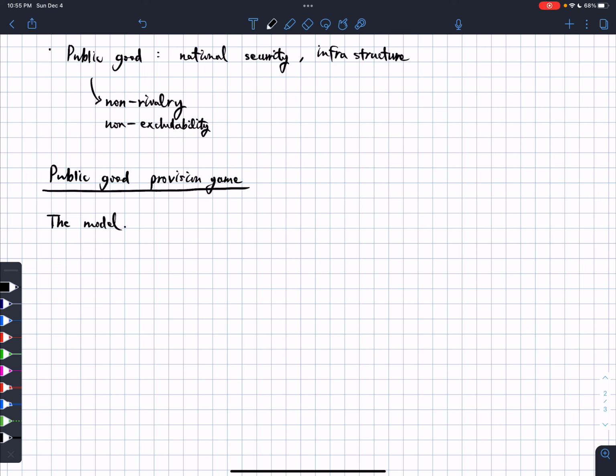So there are two goods. One good is the usual good, and just to distinguish it from the public good, we're going to call it private good. Okay, and this is called X, and the other good is the public good.